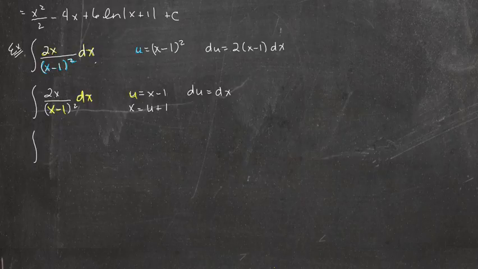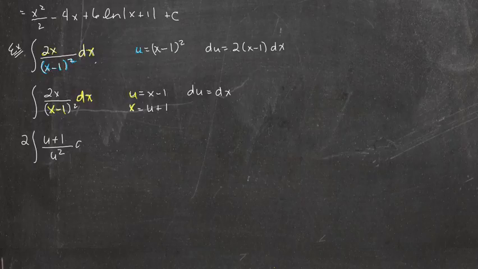And x I'm worried about, but not too much because look, I now have a way to rewrite x using u. So I can actually take care of everything in this problem by doing this method. So I'm going to pull that 2 out front I talked about, and I'm going to let x be u plus 1 over u squared du.